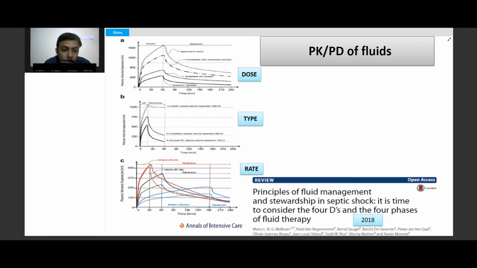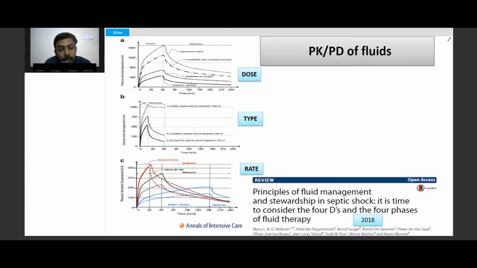The third one is the rate at which we give the fluids. The red one is when we give the fluid over 30 minutes, the black one is over 1 hour, and the blue one is when we give it over 3 hours, the same fluid.